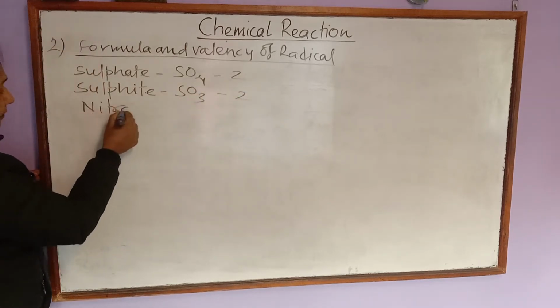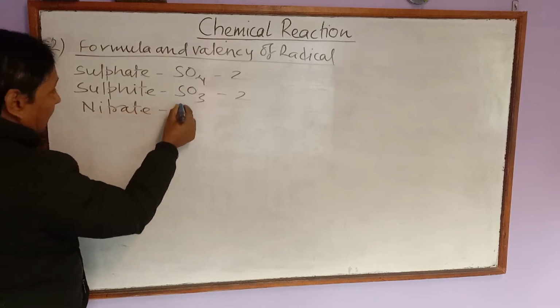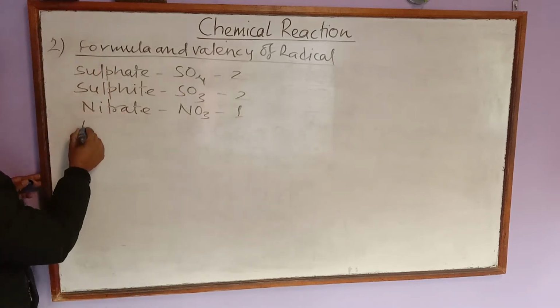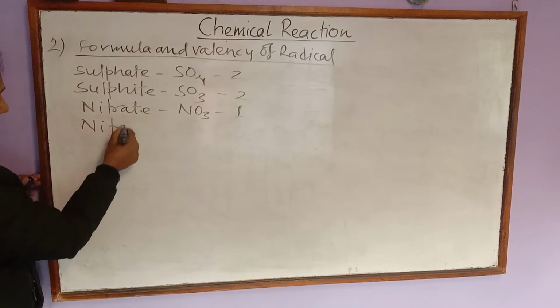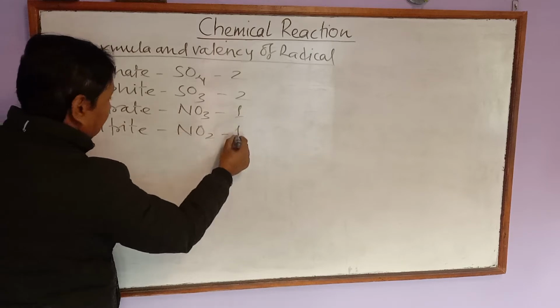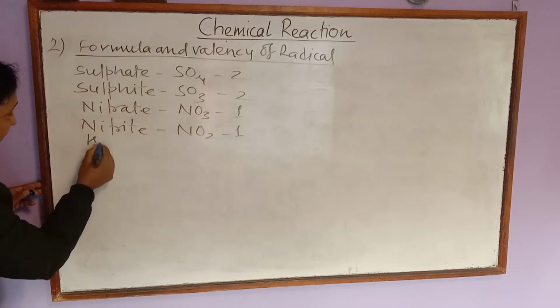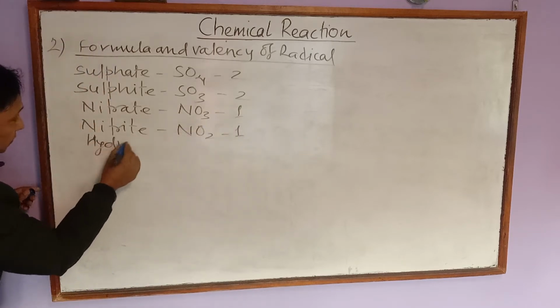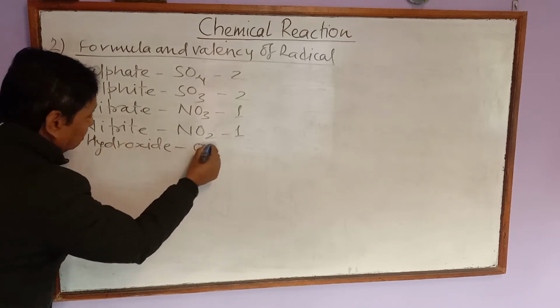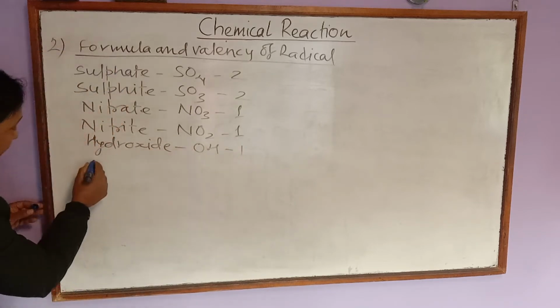Nitrate, NO3, valency 1. Nitrite, NO2, valency 1. Hydroxide, hydroxide is OH and is valency 1.